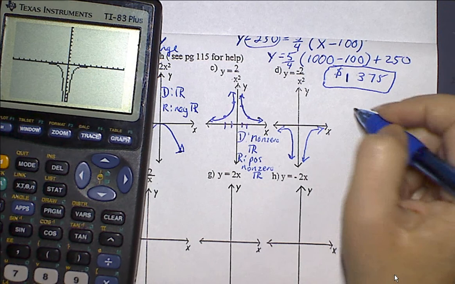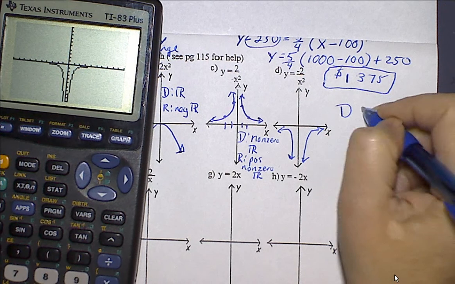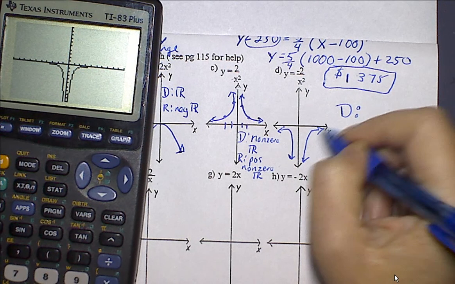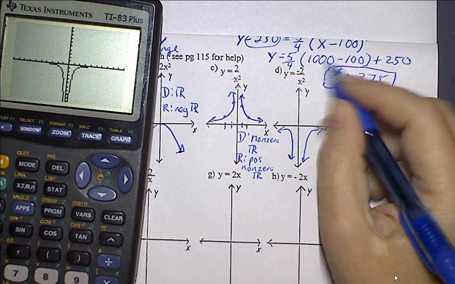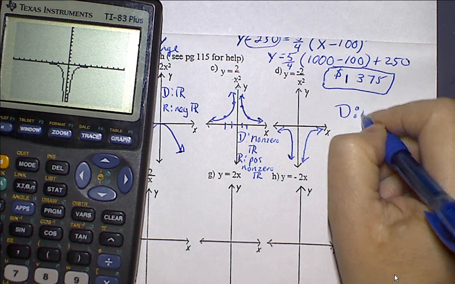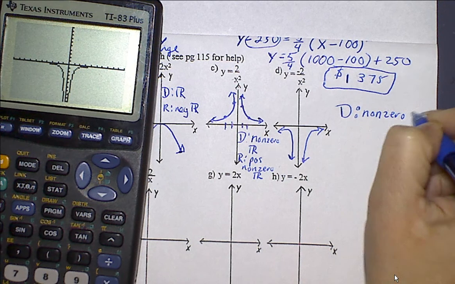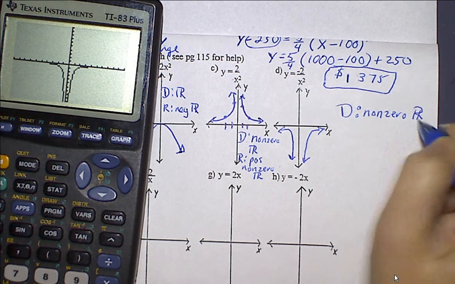So that means your domain, remember, is what can your x be? And can it be 0? No. So that means it's non-zero, not 0. Non-zero reals. And what could the range be?